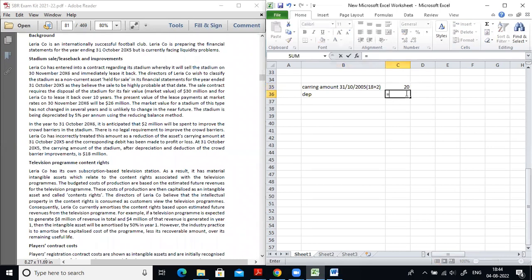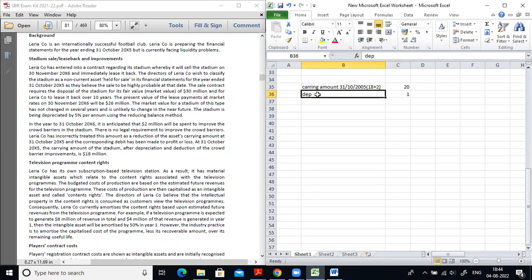So the depreciation will be 20 into 5%. So we got a depreciation of 1 million. I hope this is clear. Any question?